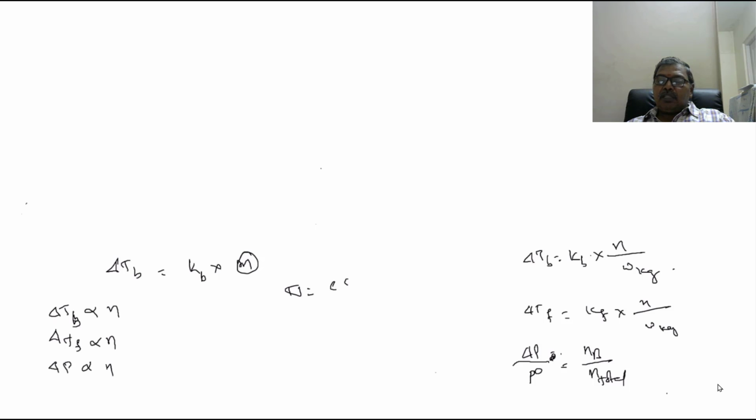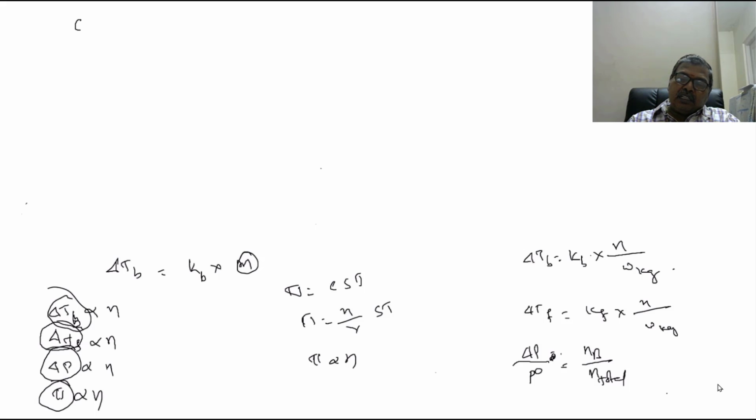Pi is equal to C S T, pi is equal to n by V S T. Under similar conditions, again pi is proportional to n. Delta T_b, delta T_f, delta P, pi are all colligative properties. So generally, any colligative property is directly proportional to the number of moles of particles of solute.